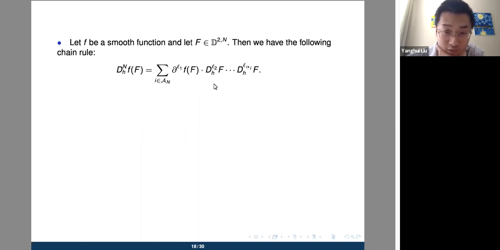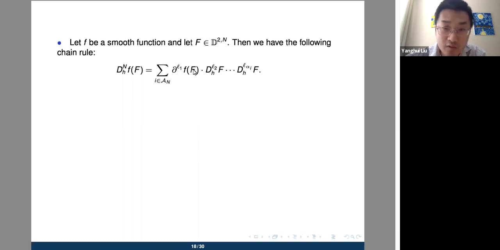The trouble here is how to get the precise equation. So it turns out that in order to characterize the index, we need a directed tree. Here this A_N is a directed tree, and I is a branch in this directed tree.